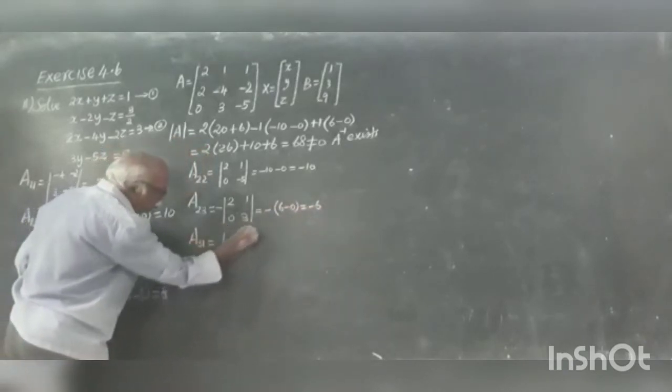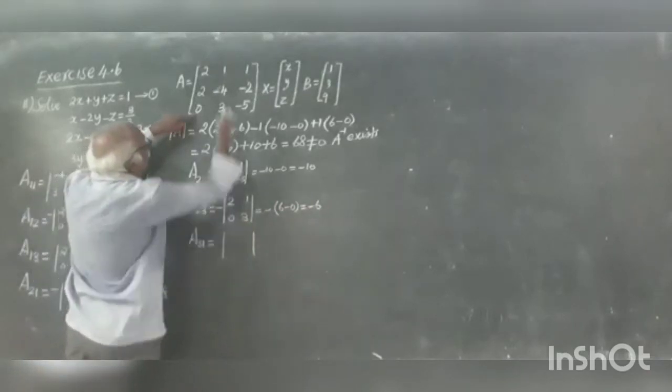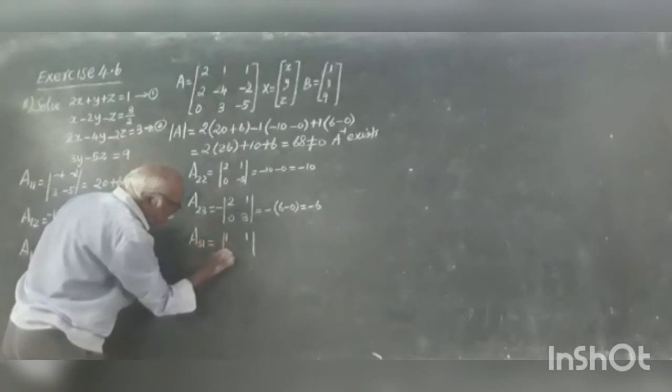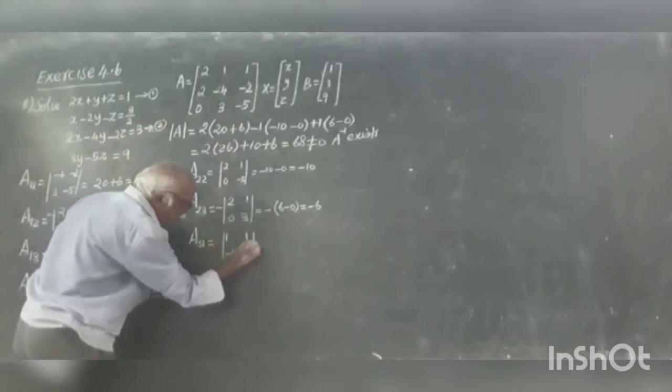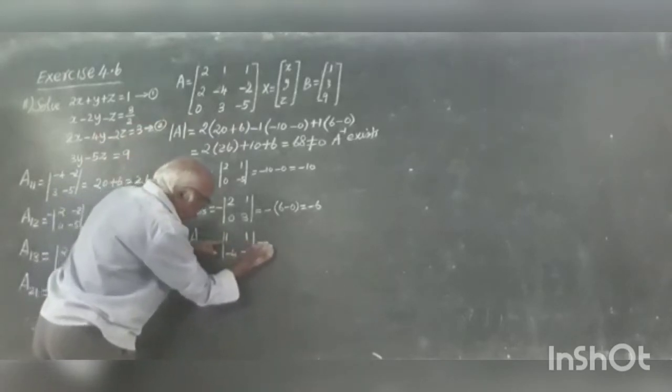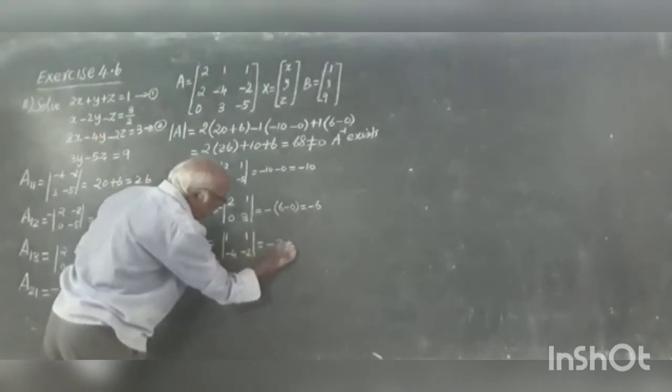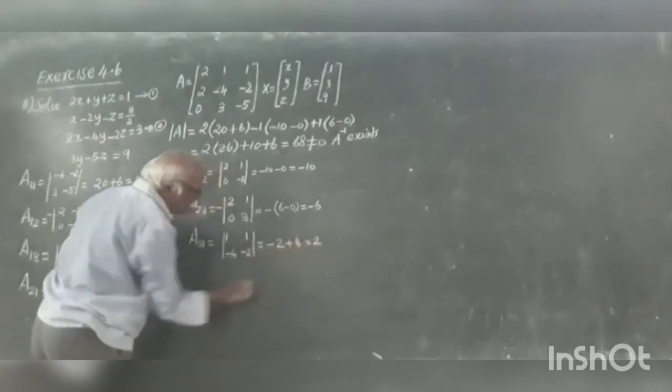A31 is positive, the determinant of 1, 1, minus 4, minus 2, which is minus 2 minus of minus 4, that is minus 2 plus 4, equal to 2.